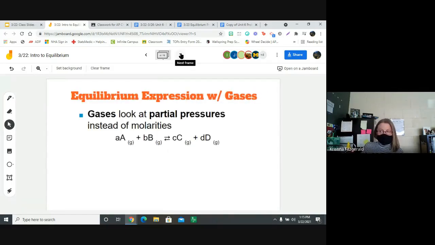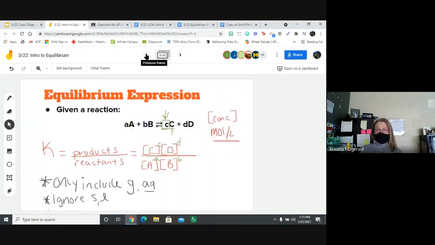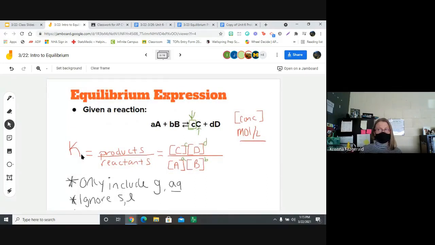So there's only one exception to this. And I'll be honest, I haven't quite remembered entirely when this comes up. But occasionally you might be asked for the Kp value. K is the constant for the equilibrium expression.